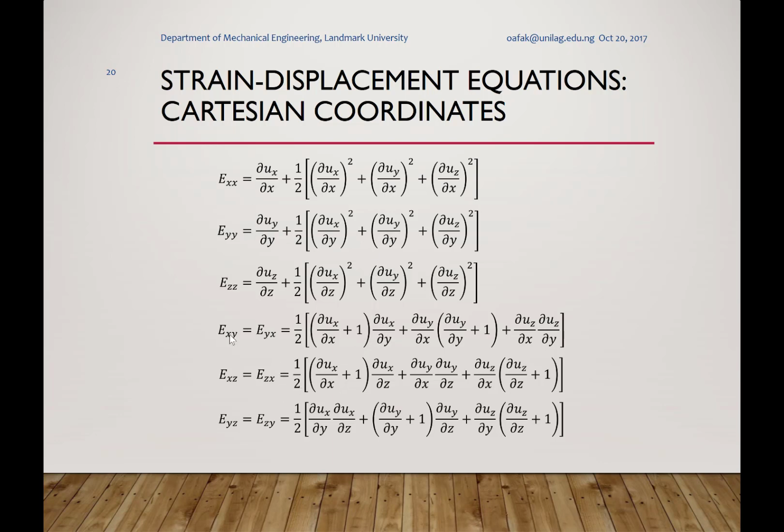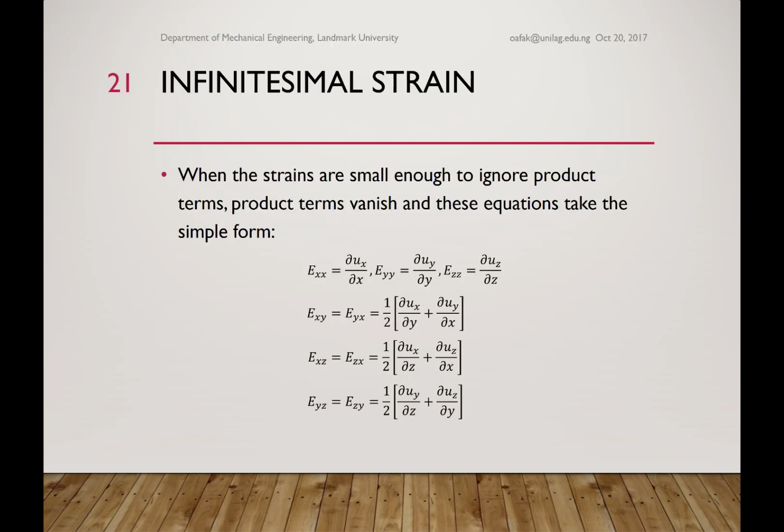In the case of the shear strains, you have that the linear and the nonlinear part are relatively mixed here, but they can be removed and separated if we need to. In the situation where the strains are small, as we said earlier on, the nonlinear part, the product part will vanish, and all we will have left are the linear parts. So the equations become relatively simpler.